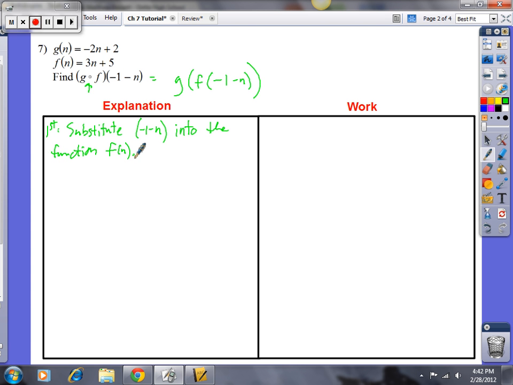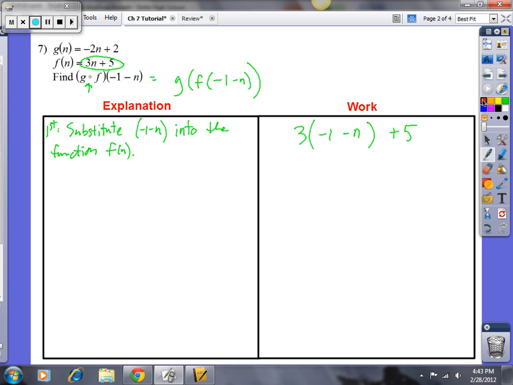Substitute into the function f of n. So the function is just a rule. Here's the rule right here. The rule says whatever you substitute, you're going to times it by 3, and then you're going to add 5. And I am going to substitute a negative 1 minus n.